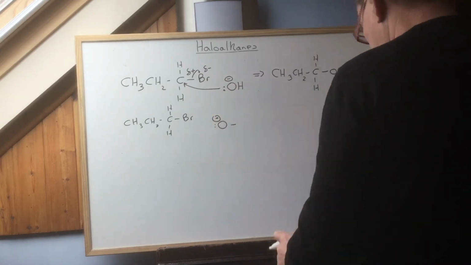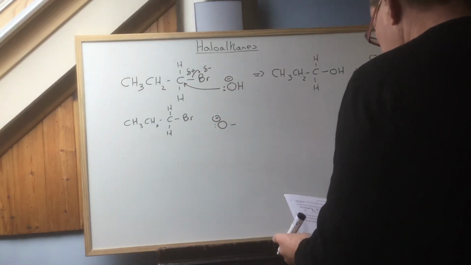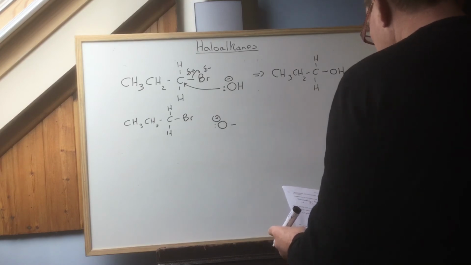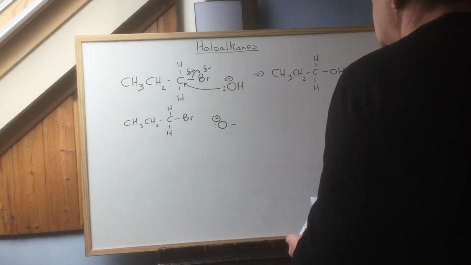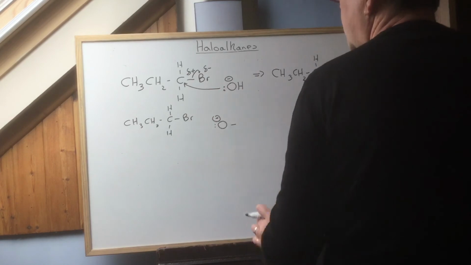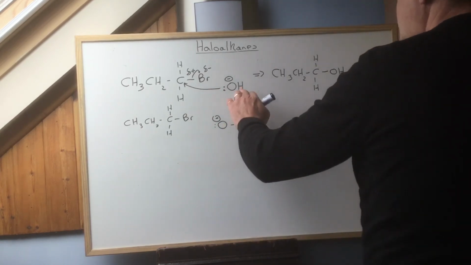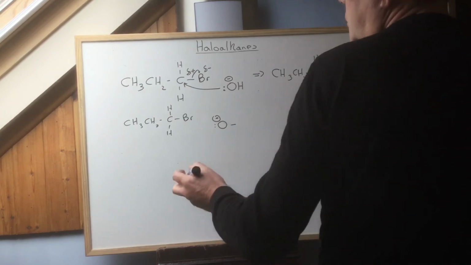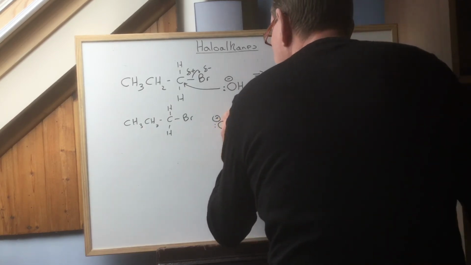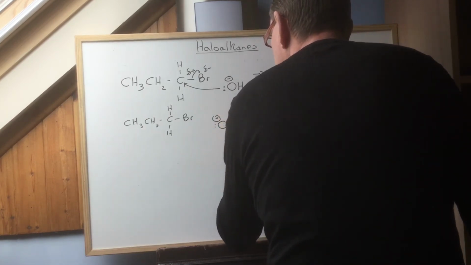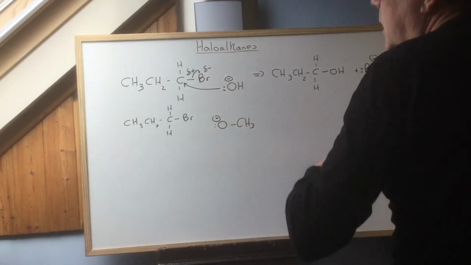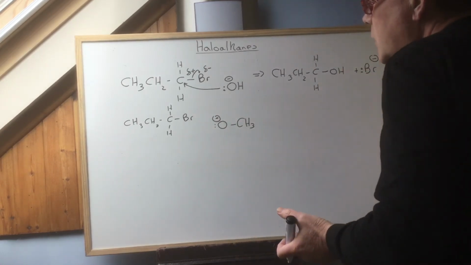But we can have a methoxide nucleophile simply by replacing that H with something else, a methyl group. They exist, there's no need to worry about it.